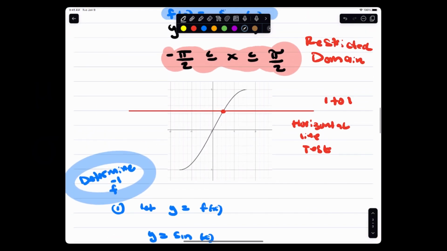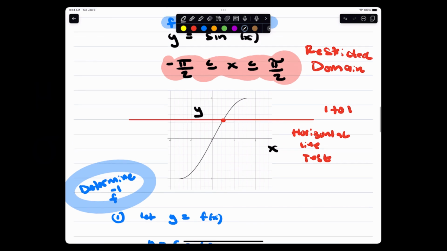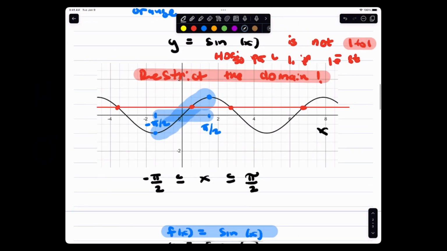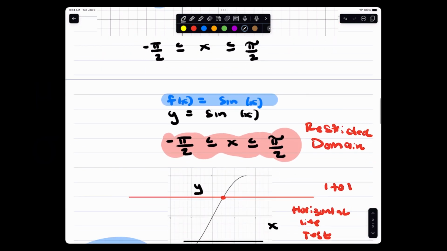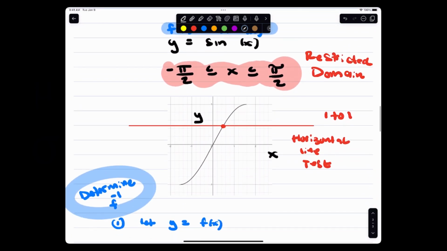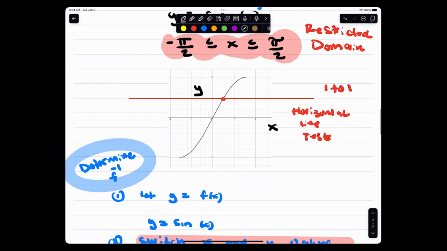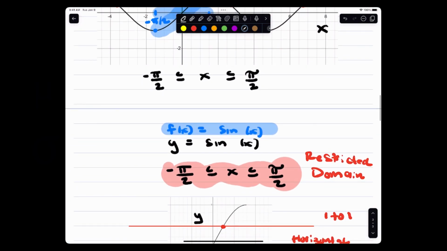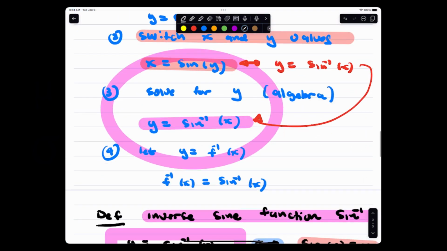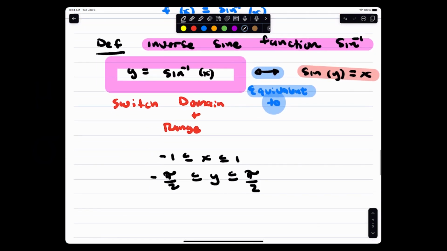Yeah, these are the x values. These are the y values. The same x values over here, the same y values over here. When you switch them, change them, you made the function 1 to 1. And remember, these are all my x values. They're now y values. They switch. So your domain and range are now opposite.